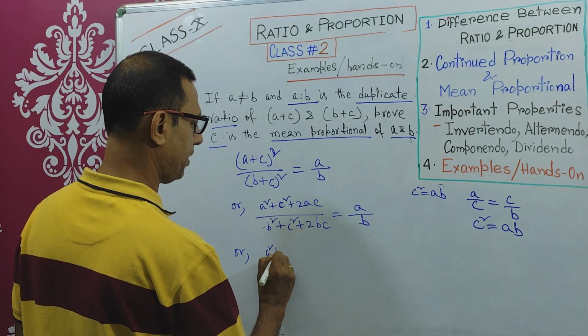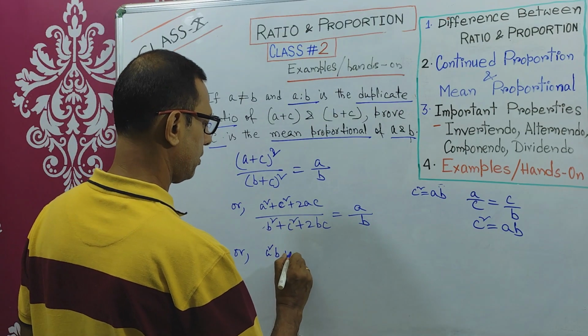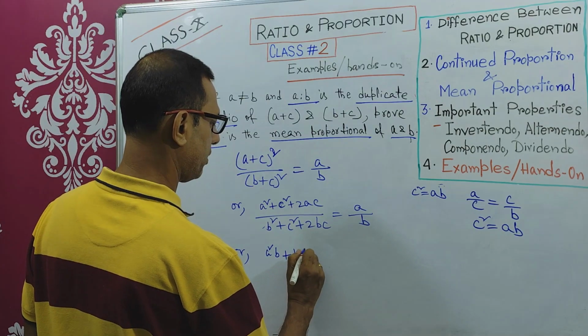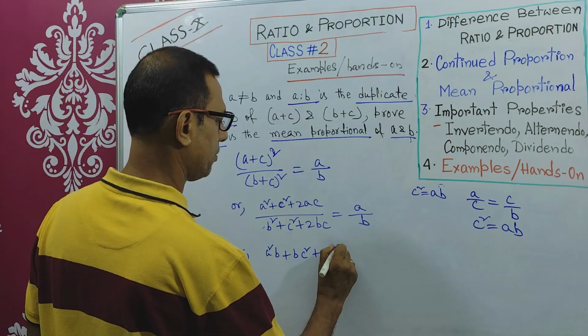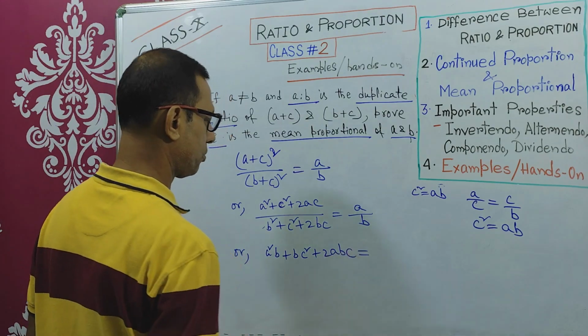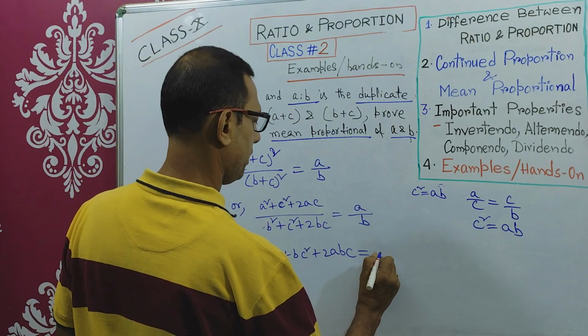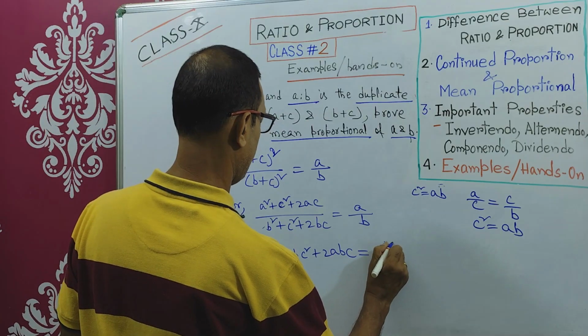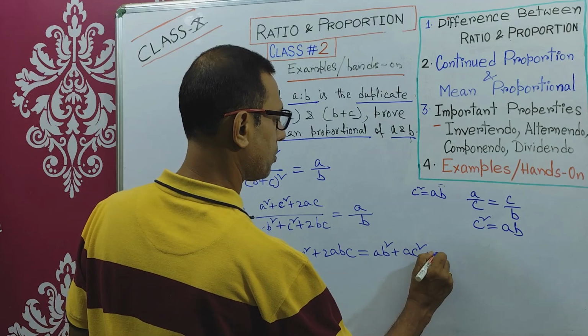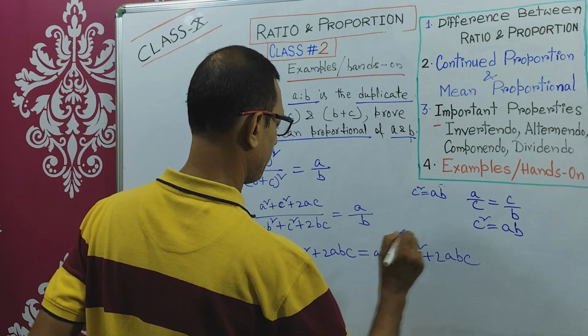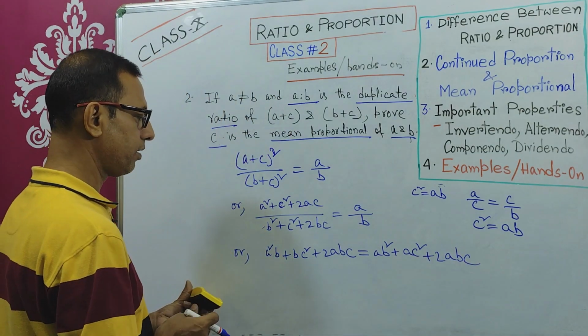So A square B plus BC square plus 2ABC equals AB square plus AC square plus 2ABC, right?